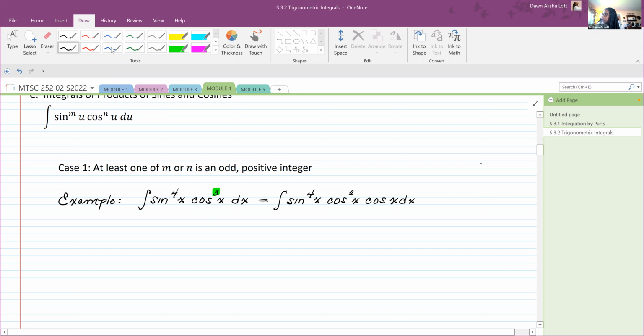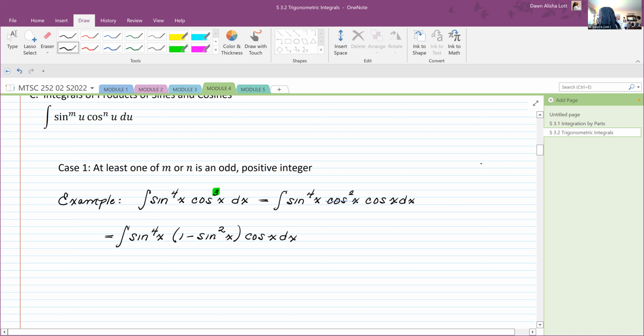And once I do that, then all the other cosines in the problem have to go. So when I pull off one cosine, I now have to switch out all my cosines. So now this becomes the integral of sine to the 4th of x, and for the cosine squared, I'm going to write 1 minus sine squared of x, and then I have the cosine of x dx.